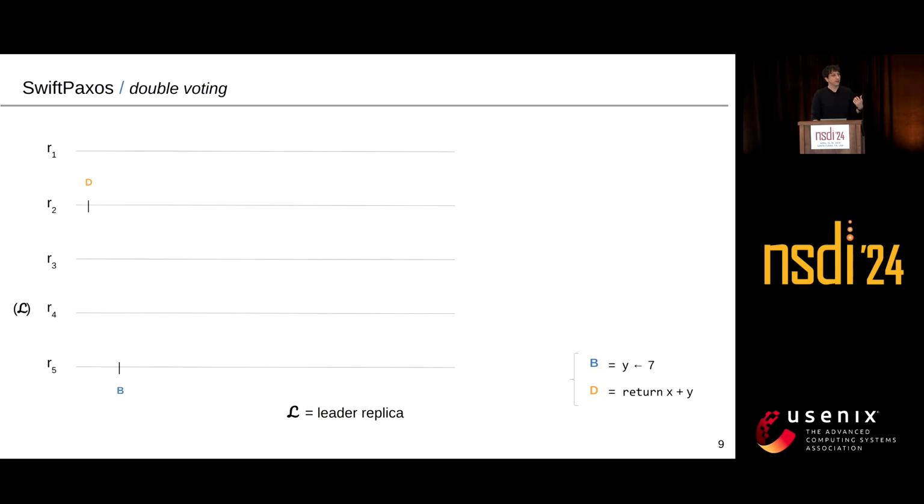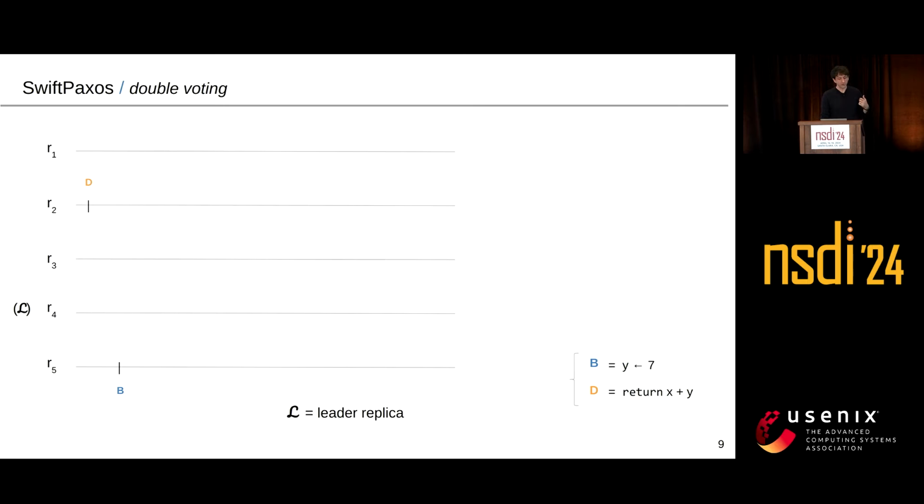As I said, another property of SwiftPaxos is that it allows double voting. So let us consider another example to illustrate this. We have 2 commands, B and D. B is assigning 7 to variable y, and D is returning the sum of x and y.